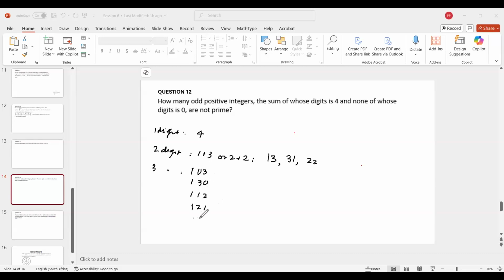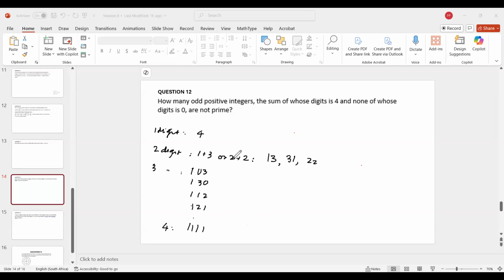I think that's it. Okay, so these are the only 3-digit numbers that add up to 4. And as far as the 4-digit numbers are concerned, there's only one which adds up to 4.